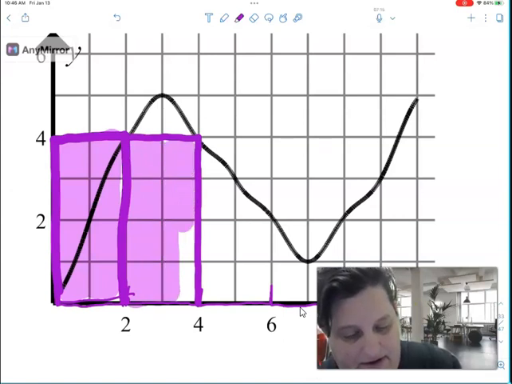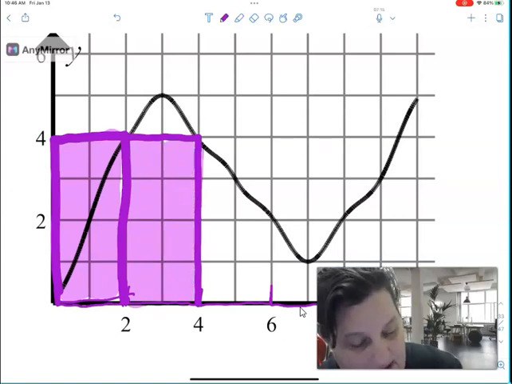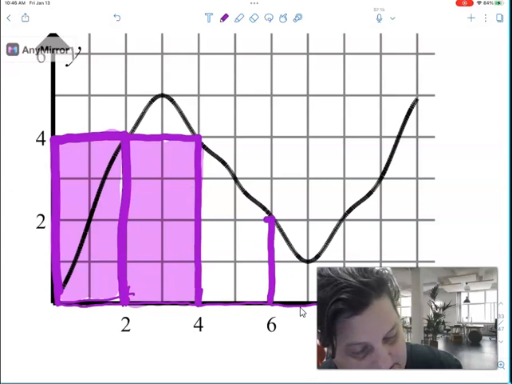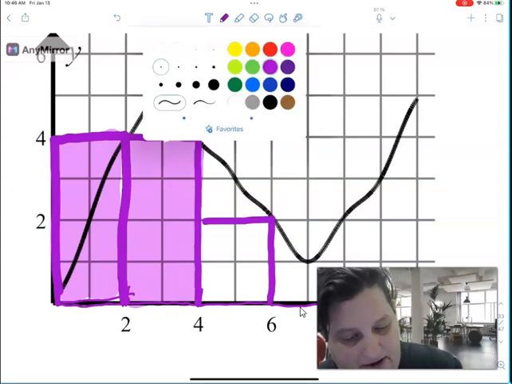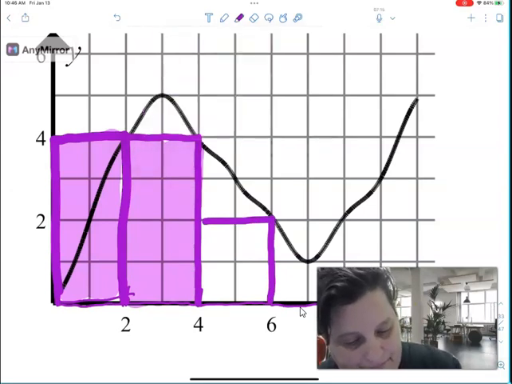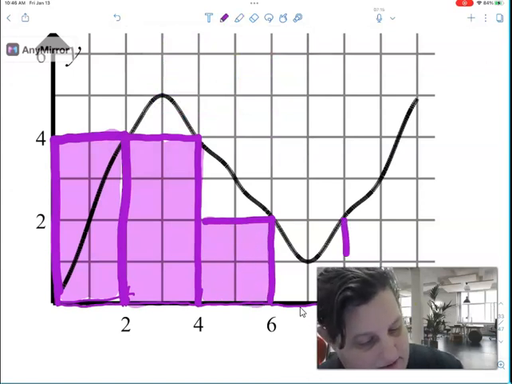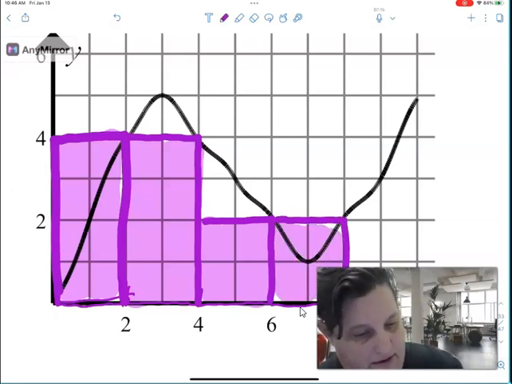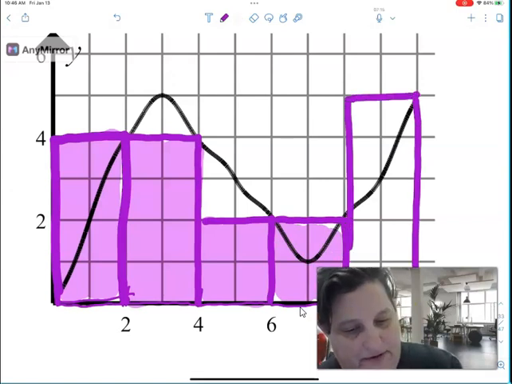And then 4, I go to 4 because it's on the right, and I color that in. And I have that rectangle. Then I go to 6 and color that in. Then I go to 8, make that rectangle and color that in. Then I go to 10, make that rectangle and color that in.